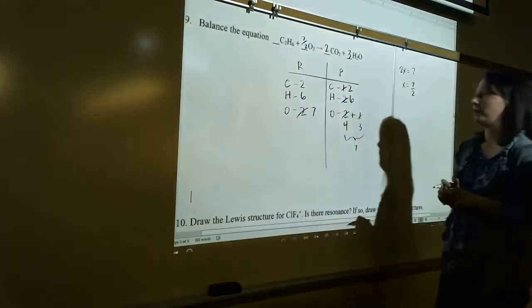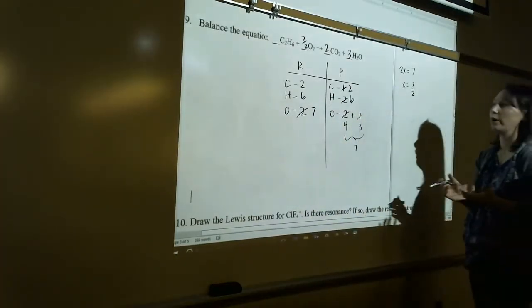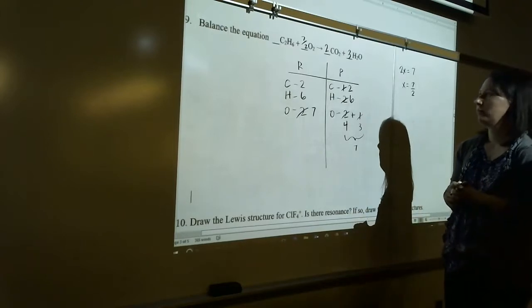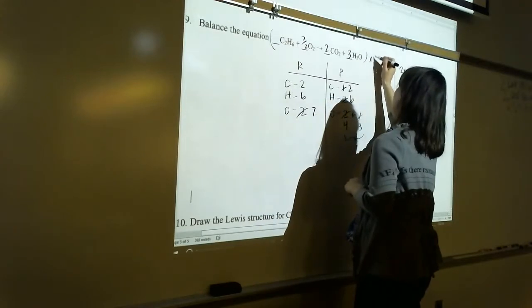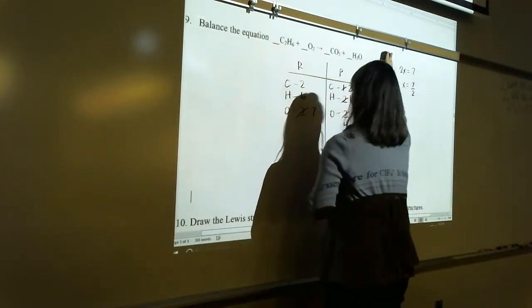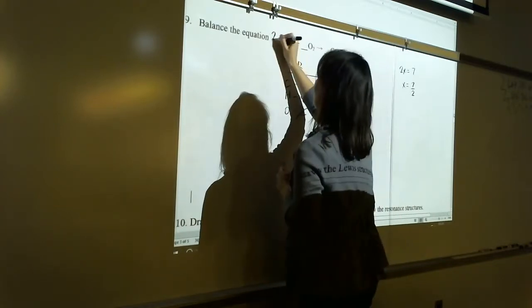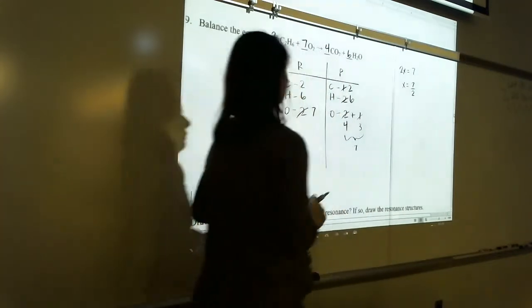Are you ever going to have 7 halves of a molecule? No. So what do I do to get rid of that fraction? Multiply everybody by 2, right. So that makes my coefficients 2, 7, 4, and 6.